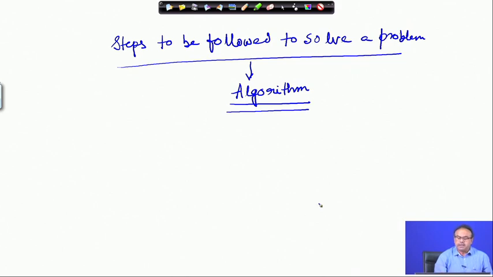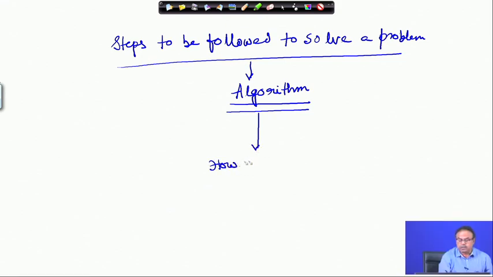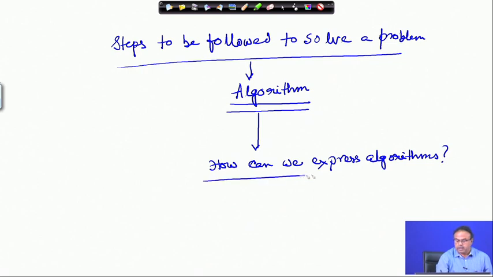In the next lecture, we will see how we can express these algorithms. How can we express the algorithms? That is what we will do in the next module, next lecture.